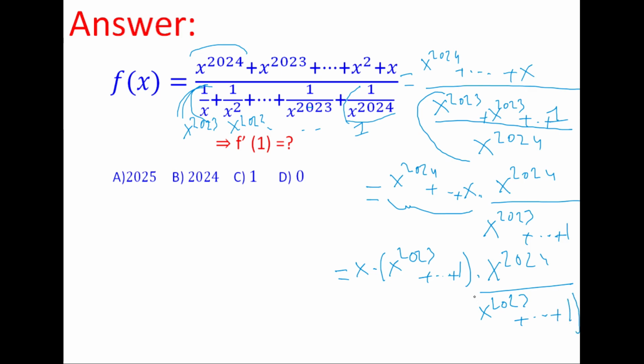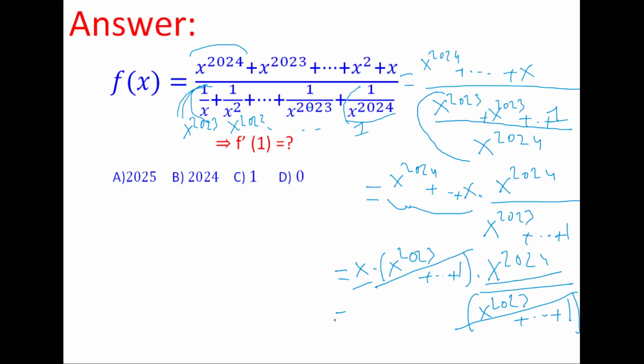And now here, guys, we have the same terms. As you can see, this term is going to go away with this term. So once you simplify the fraction, x is left over here and x to the power of 2024 here.